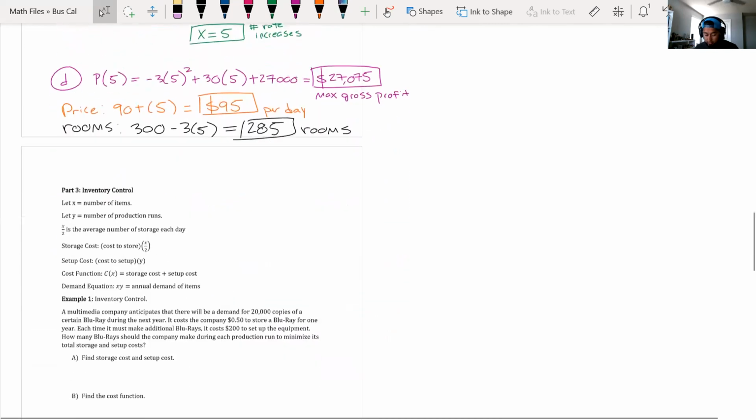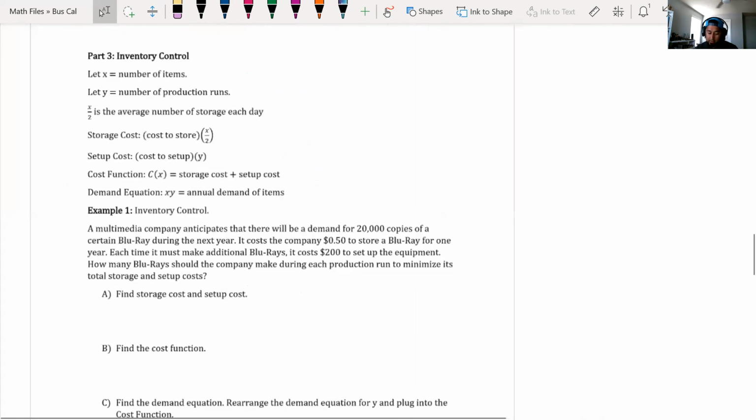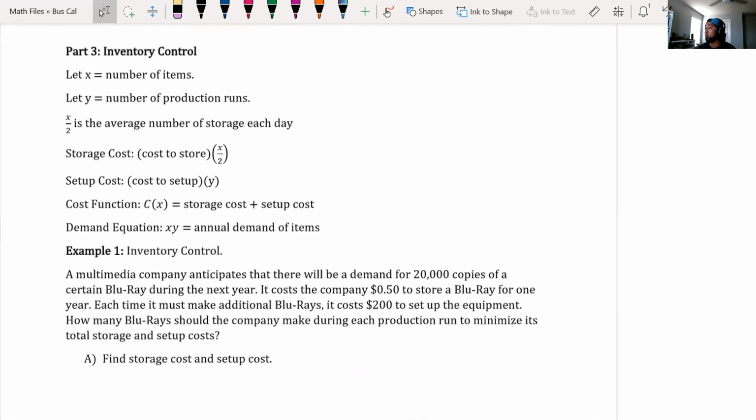Next is part 3, which is inventory control. Again, it's all about the setup here. In inventory control, X is the number of items, Y is the number of production runs, and X over 2 is the average number of storage each day.